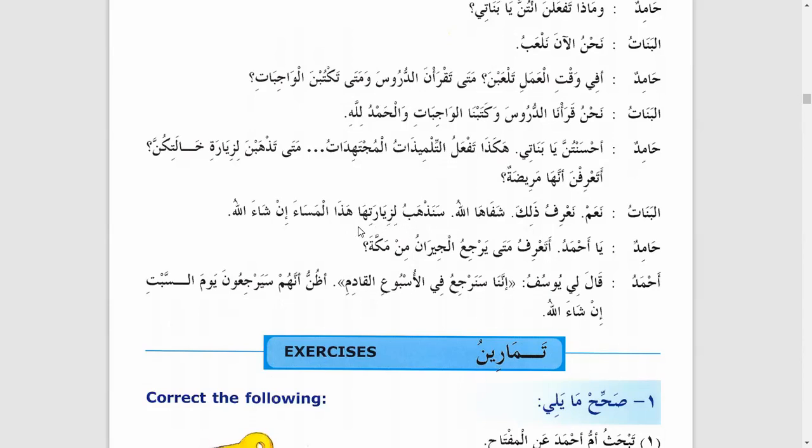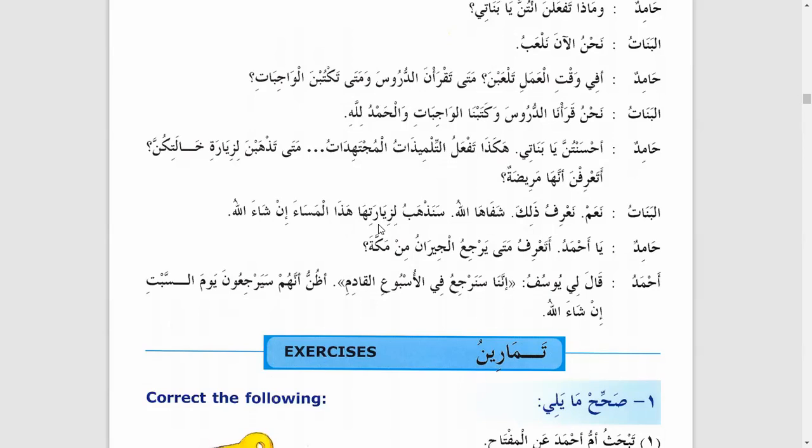We will go to visit her this evening, inshallah. Ziyara. What do you know about this one? Is it a verb or a noun? What do you think? To visit, masdar. It's a verbal noun, a gerund, translated as to visit.